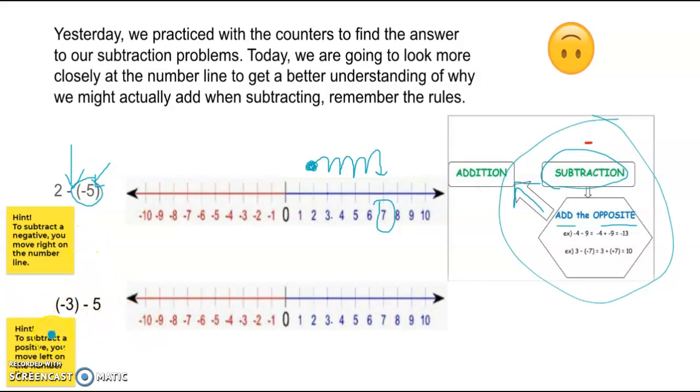Now let's look at the second example. I have negative 3 minus 5. And here's my hint. To subtract a positive number, you move left on the number line. The reason being, guys, is you're taking away a positive 5.